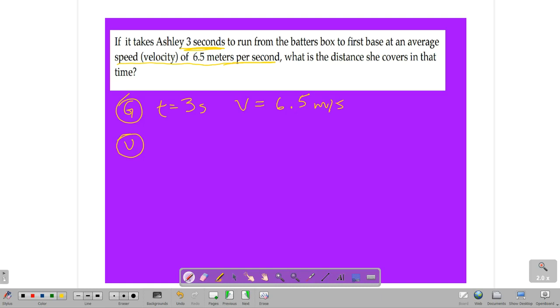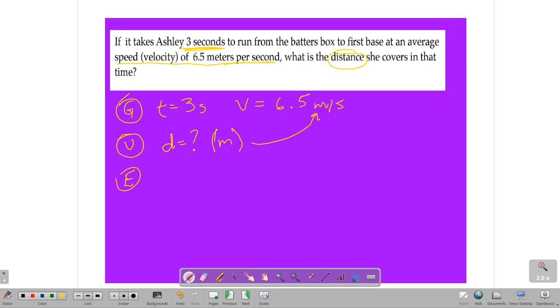What is the distance that she covers? So d is what we're solving for, and since we have a speed of meters per second, then we know that our distance is going to be in meters.